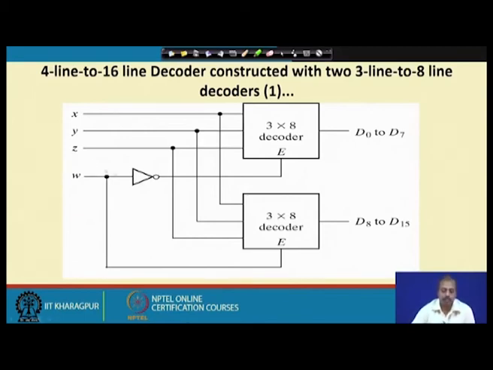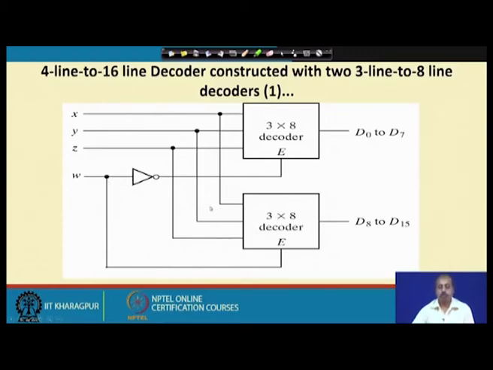The x, y, z are the 3 inputs, and there is another input w. w is the most significant bit and x is the least significant bit. The x, y, z lines are fed to both the decoders, and the w line is fed to the enable of the lower decoder and the inverted w is fed to the upper decoder. So, the upper decoder is enabled when w equal to 0, and when w equal to 1 the lower decoder is enabled.